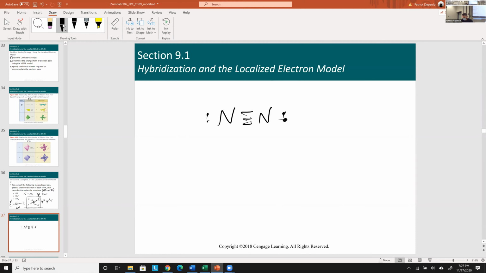Okay. All right. So nitrogen, 1s, 2s, 2p, and nitrogen looks like this. So when it's hybridized, what's going to happen is, as we know, one of these electrons will go up here.